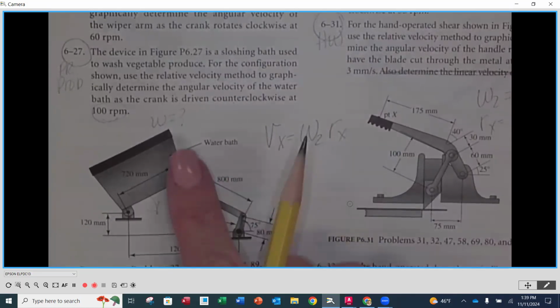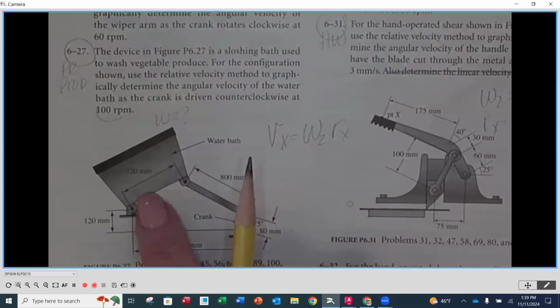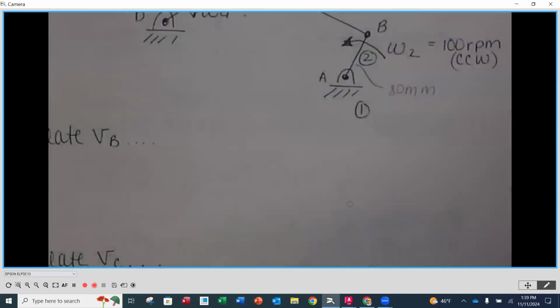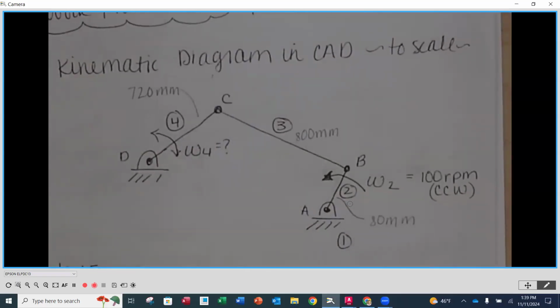So that means that it's going to be W of the link associated with the bath, okay? If you look on your kinematic diagram, we want to know what W4 is here. We want to know what W4 is, the angular velocity, not the straight line velocity.